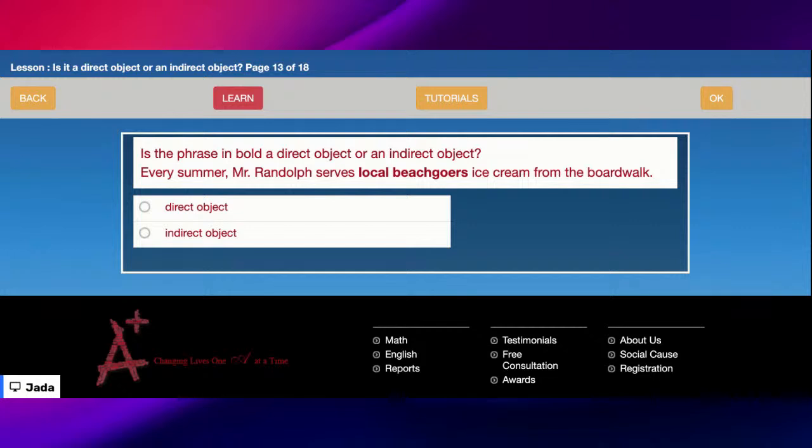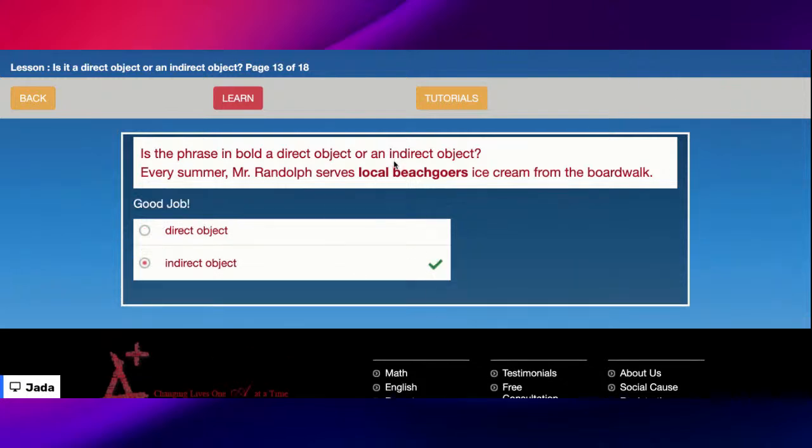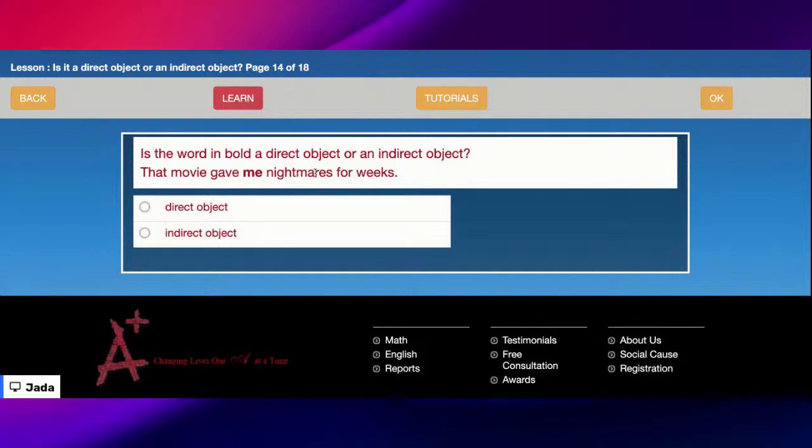All right. What's the answer here? Option two. Okay, let's go. The movie gave me nightmares for weeks. Direct or indirect?